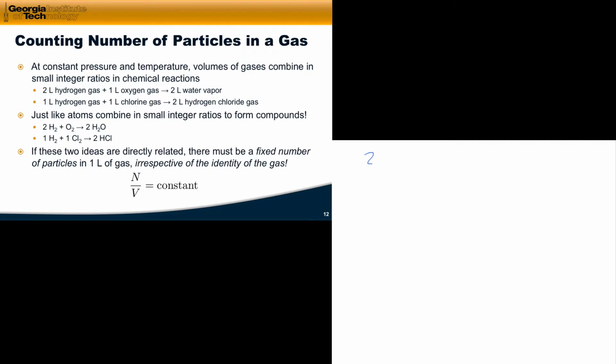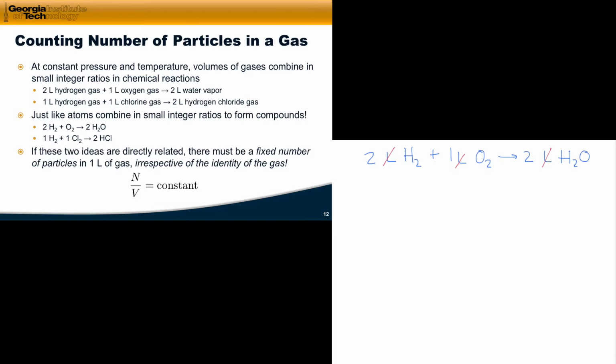So for example, he noticed that 2 liters of hydrogen gas combine with 1 liter of oxygen gas to form 2 liters of water vapor. And so the volumes are reflecting the numbers of particles that are combining, right? If I simply removed the liter label from all 3 of these reagents, I have a balanced chemical equation there, right? Same idea for the hydrogen and fluorine example, which I'll let you write out on your own.